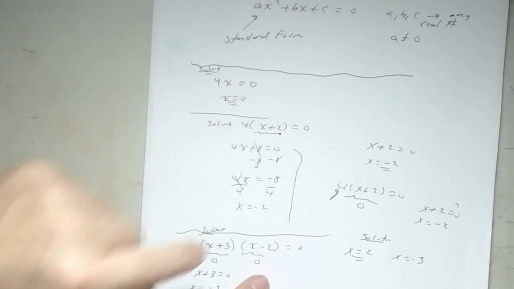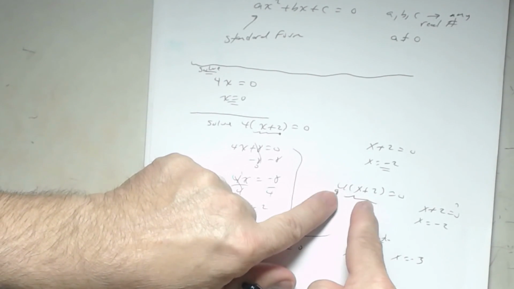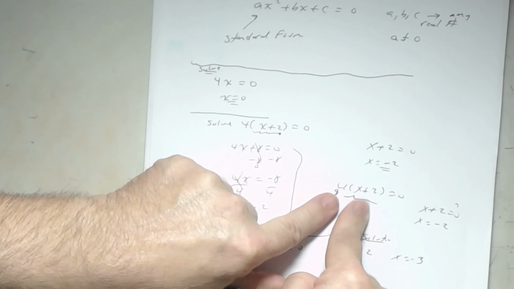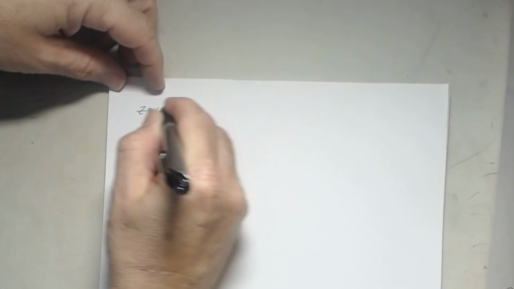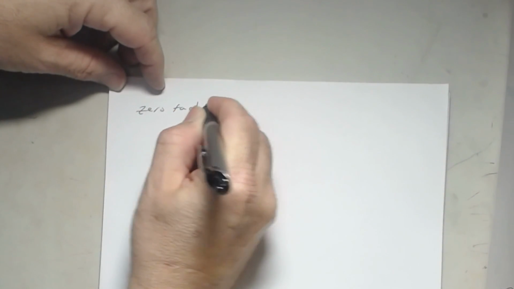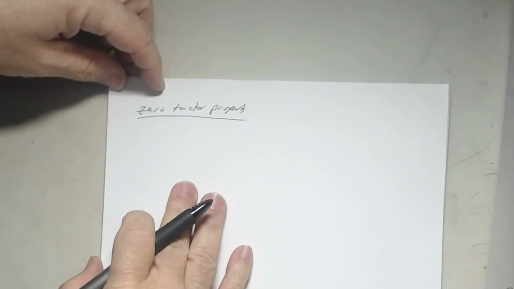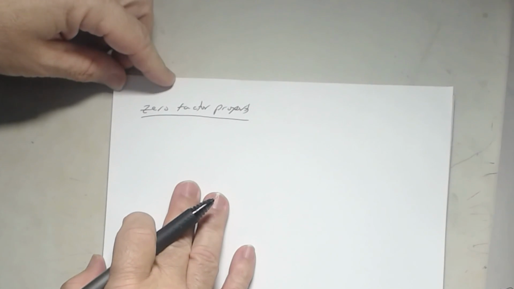Okay, now, when we said these two factors multiply together to 0, and then I figure out what makes each one 0, that's called the zero factor property. And so the zero factor property says this.